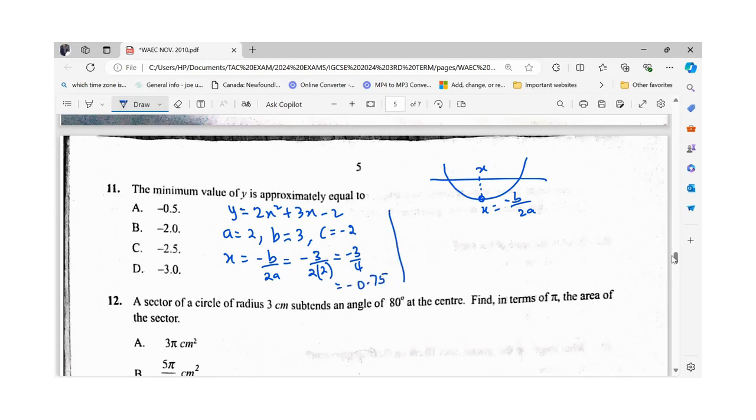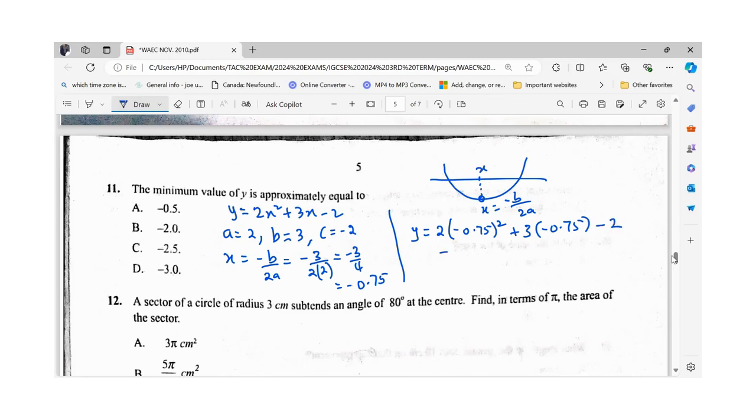Now, for the minimum value of y, we are going to substitute this value back into this equation. So it's going to give us 2 times minus 0.75 all squared plus 3 times minus 0.75 minus 2.